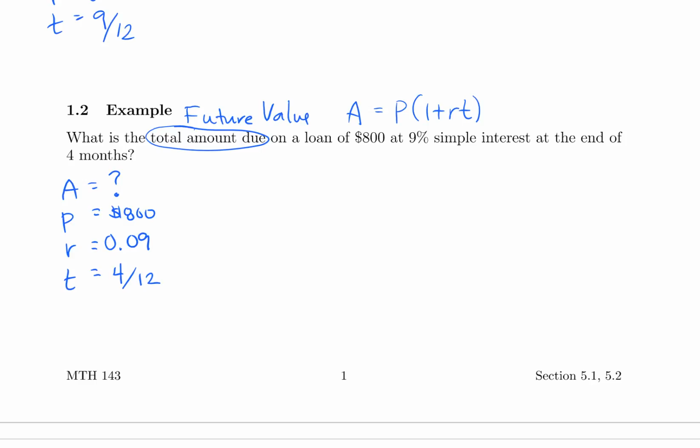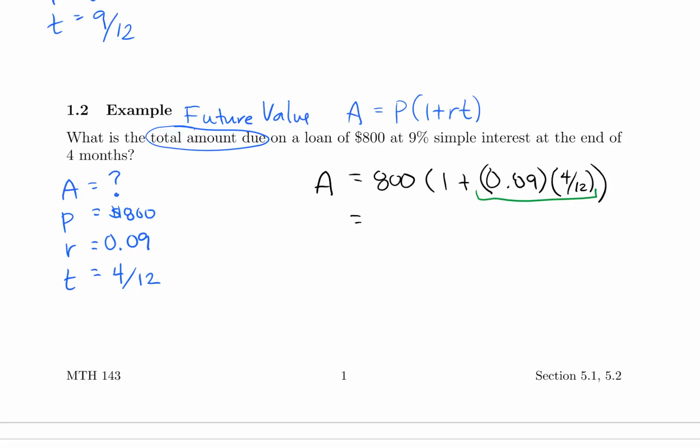So now we can go ahead and set this up. A is going to equal 800 times 1 plus 0.09, and the 0.09 is being multiplied by the 4/12. So be careful here with your order of operations. 0.09 is multiplied by 4/12, and then it gets added to the 1.